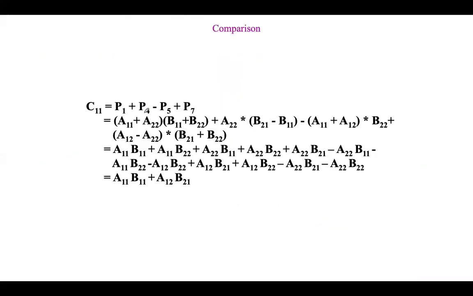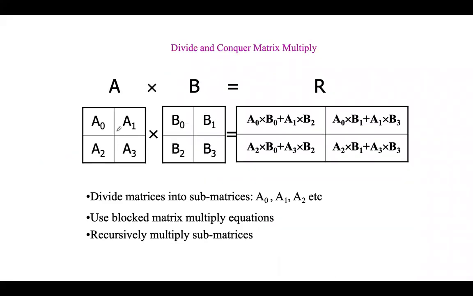Matrix A is divided again into 4 subblocks: A0, A1, A2, A3, and B0, B1, B2, B3. And then A0 into B0 plus A1 into B2. So see, these are not elements.